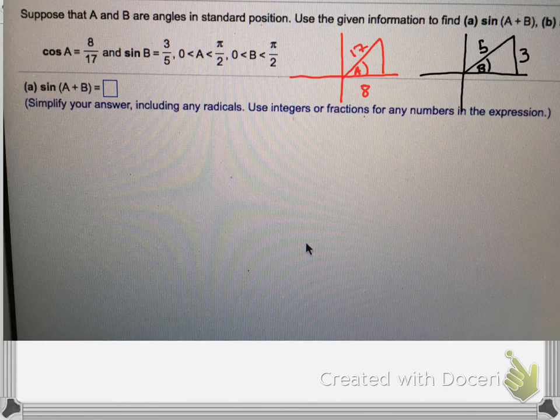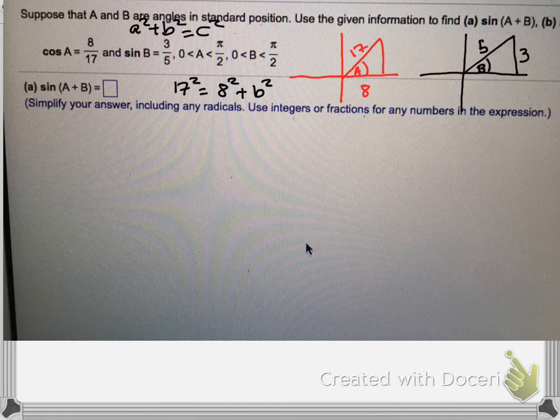Okay. Now, to find the sine of A plus B, you also have to find the sine of angle A and the cosine of angle B. To find the sine of angle A, I just use the Pythagorean theorem, which of course is A squared plus B squared equals C squared. So C squared, the hypotenuse 17 squared, equals 8 squared plus, let me call it B squared.